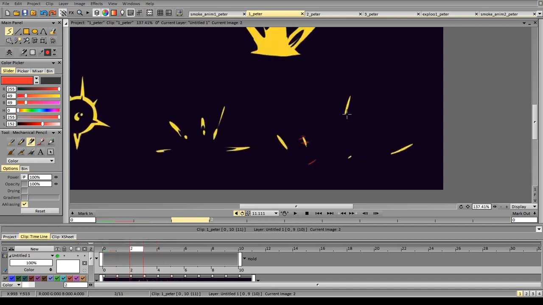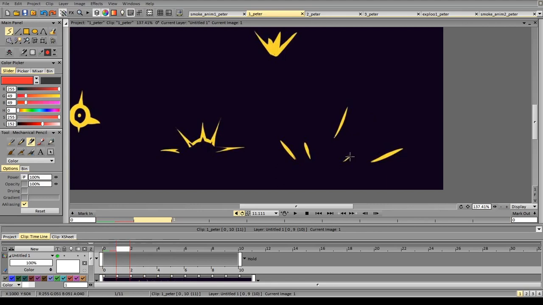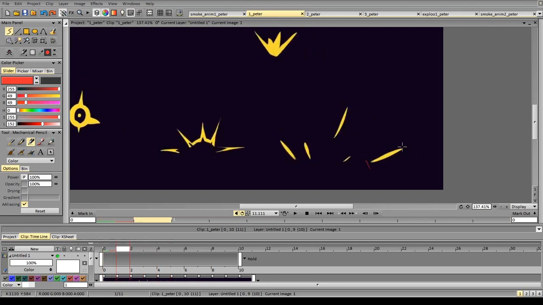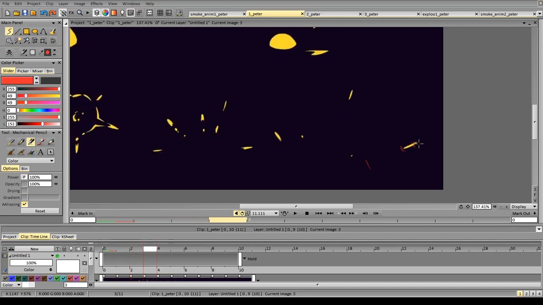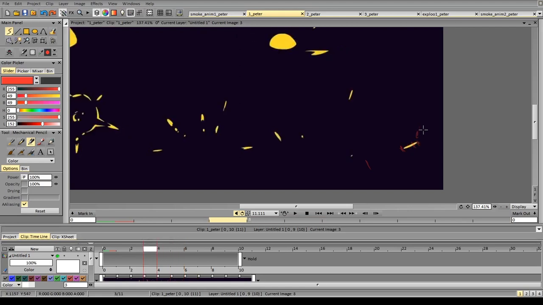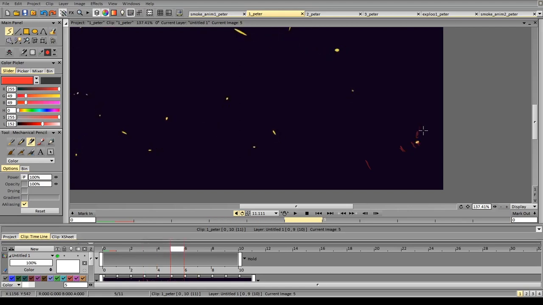This one works fine. And again, stops just a little bit too fast because it doesn't really move a lot on these two frames, and then it moves much more on the next one.